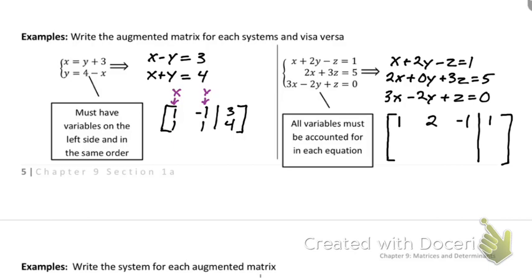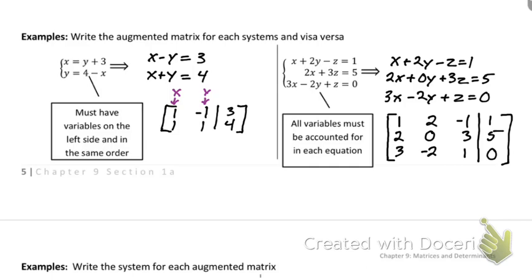Our second equation is 2x's, 0y's, 3z's, and 5 for a constant. And our final one is 3, -2, 1, and 0. And that is our augmented matrix.